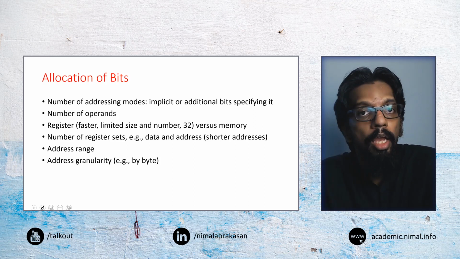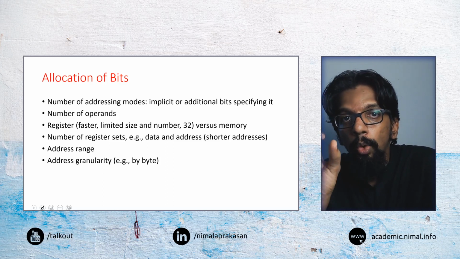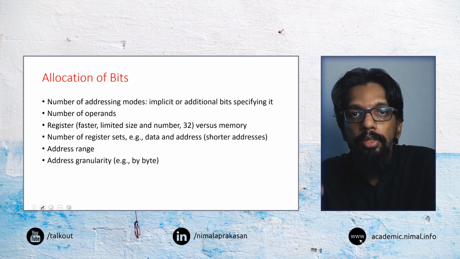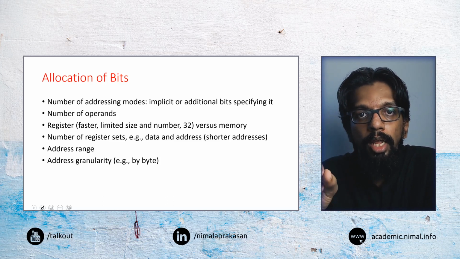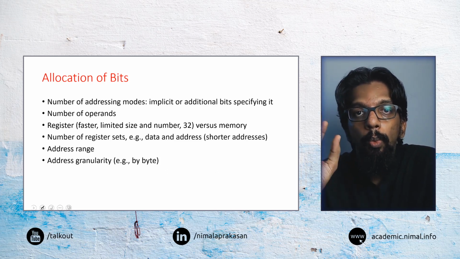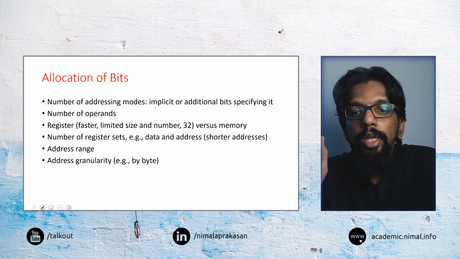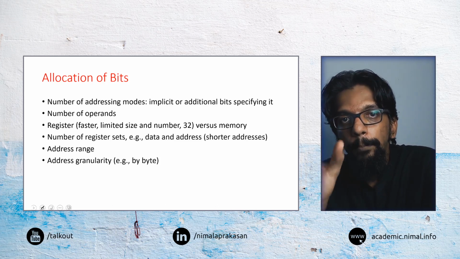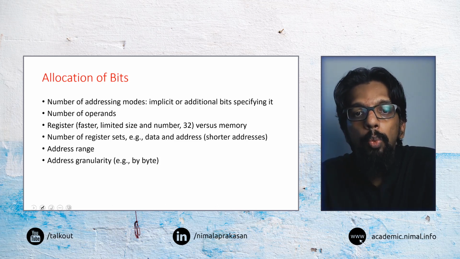It also depends on the address granularity, that is, what is pointed to by each address, whether it is a byte, 2 bytes, or a few bits pointed to by a single address. All these things will influence how the bits are allocated.